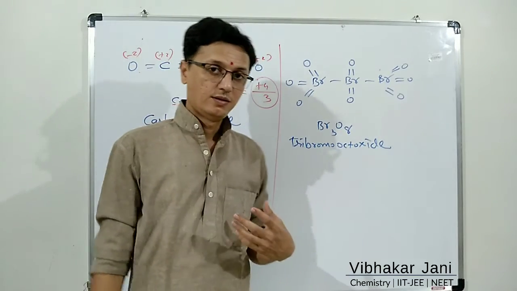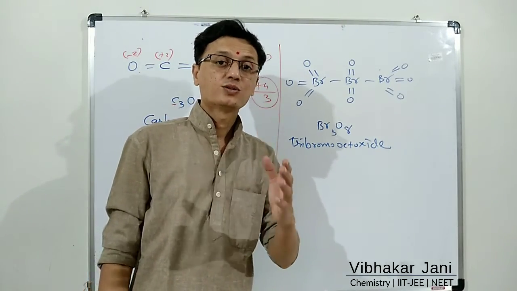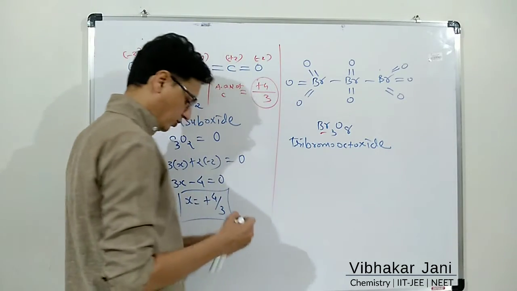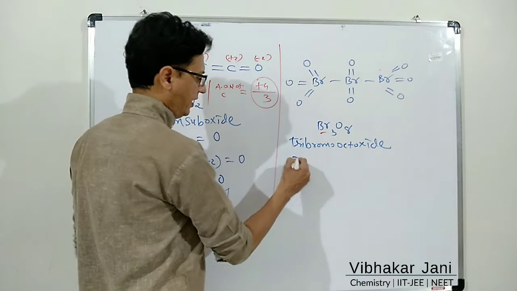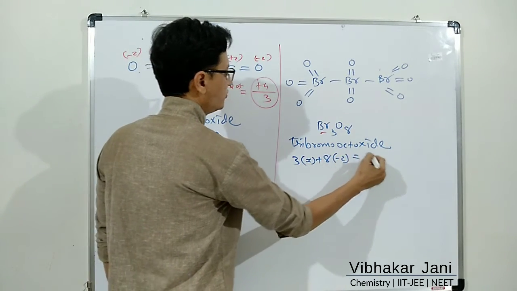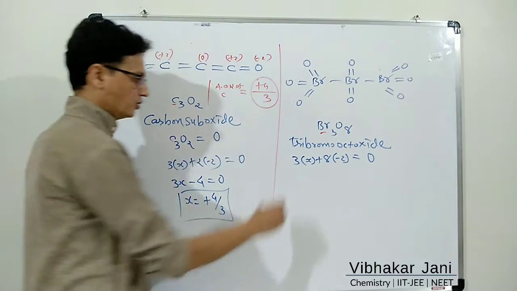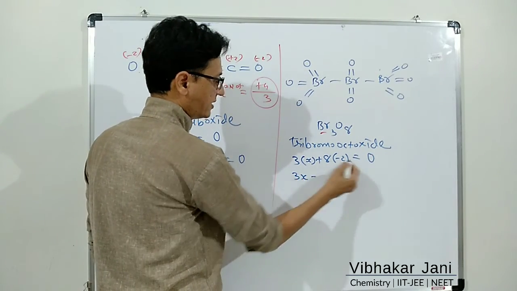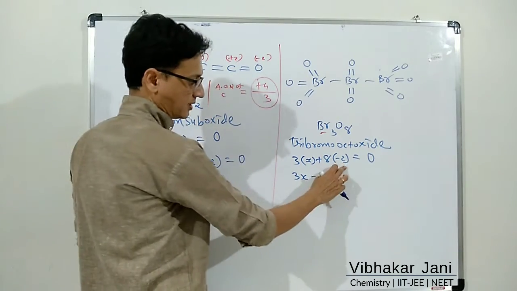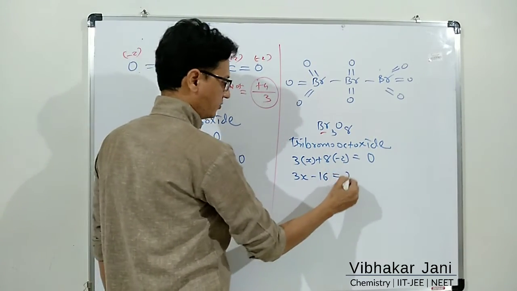Now let us find the average oxidation state of bromine in this. So it will go like this: 3 multiplied by x plus 8 multiplied by minus 2 will be equal to 0. So it is 3x minus 16 is equal to 0.